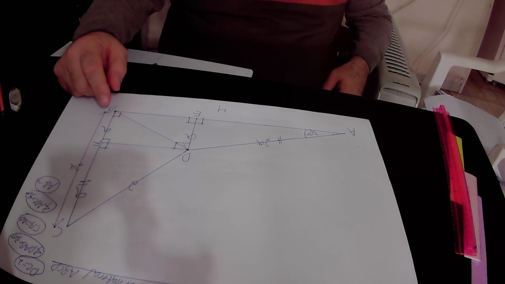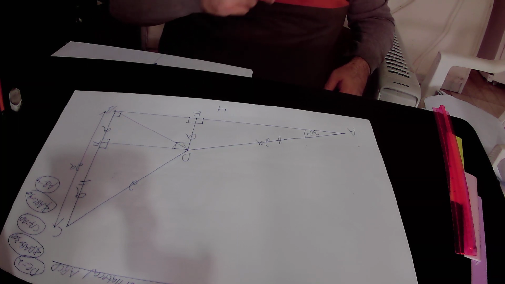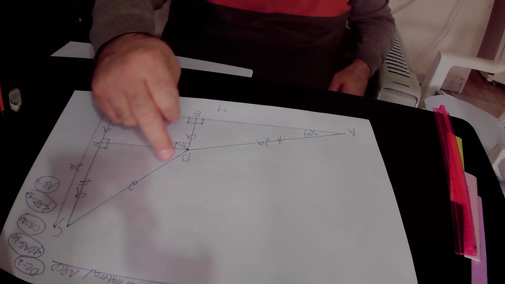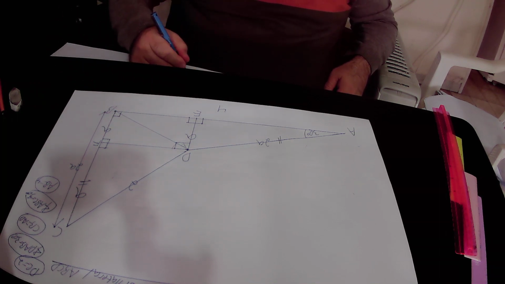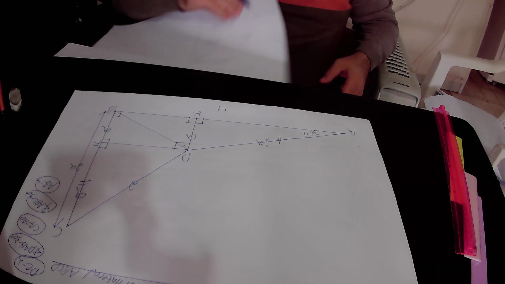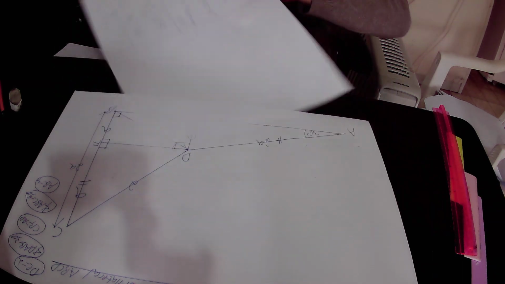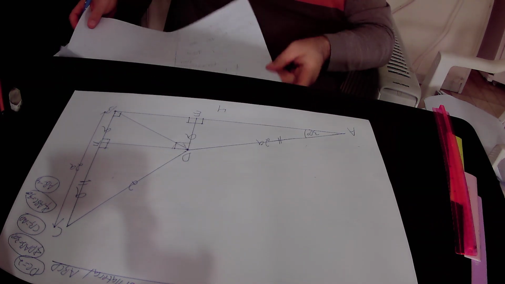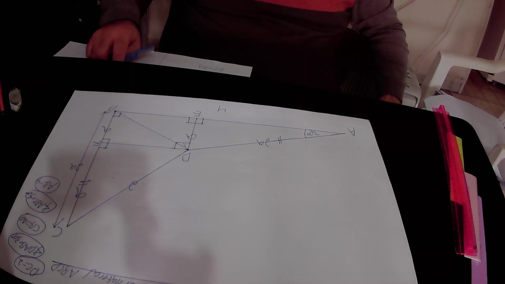From the fact that those two triangles are congruent to each other, we will conclude that DC equals DB, according to the rule that corresponding sides in congruent triangles are equal to each other.